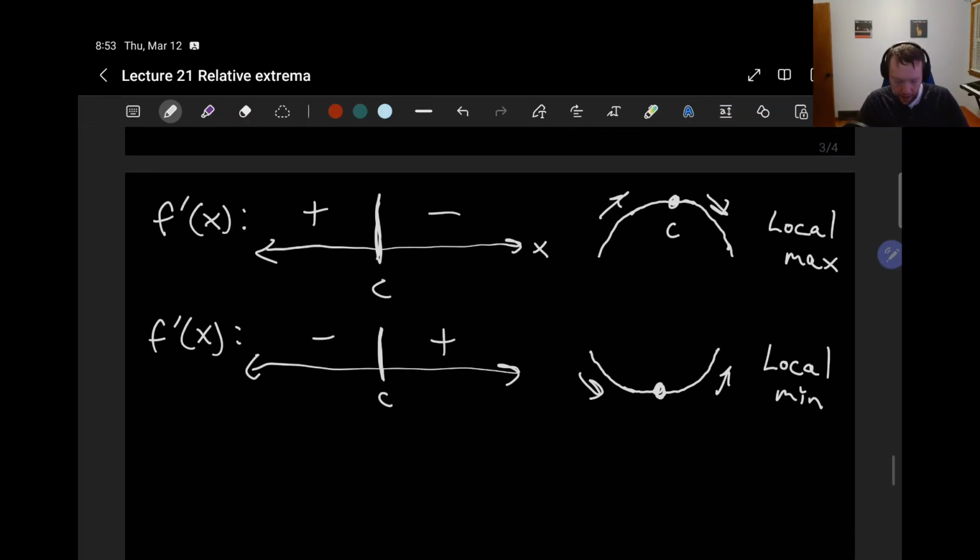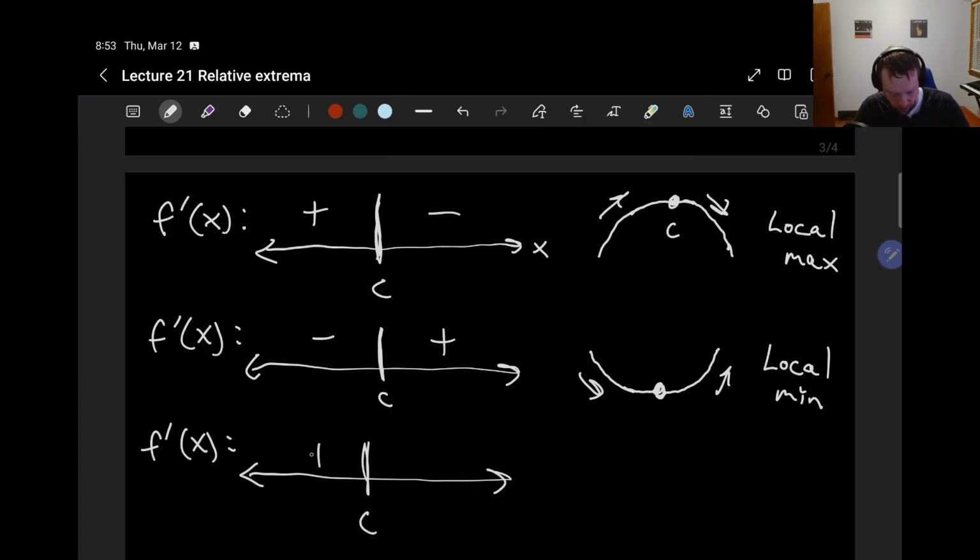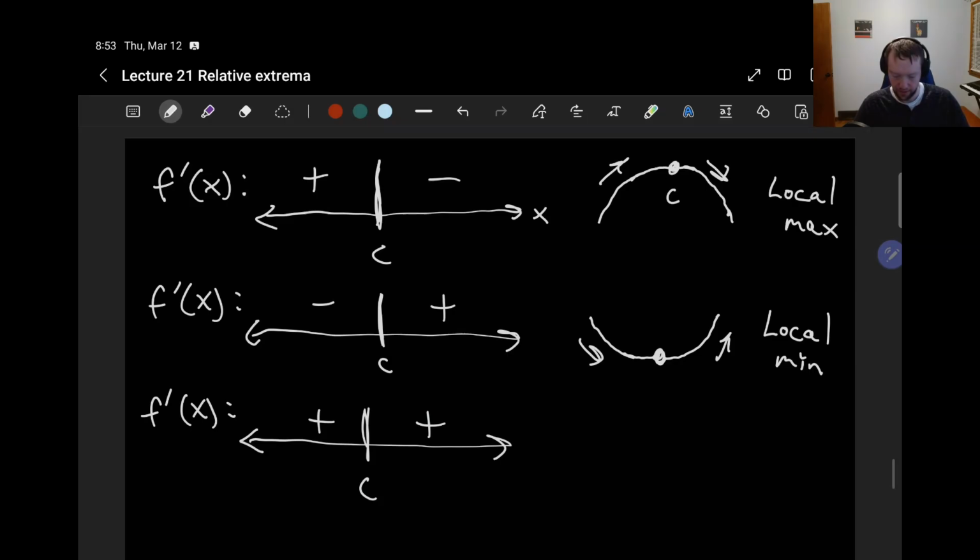But you actually can have things occur where, say, you're increasing on both sides, so the derivative is positive on both sides of C. And that's going to look something like this. You're increasing until you hit C, and then the derivative is 0, perhaps. So we flatten out, but then you just start increasing again from there.